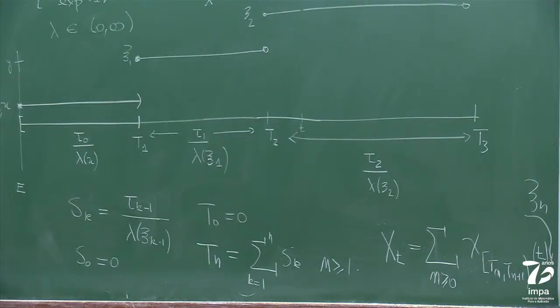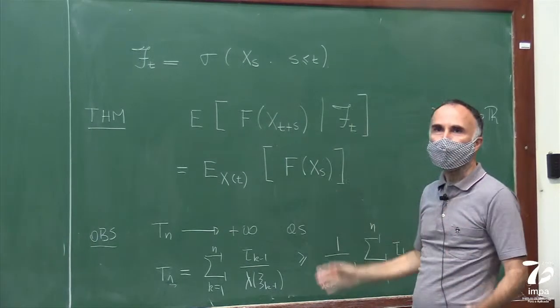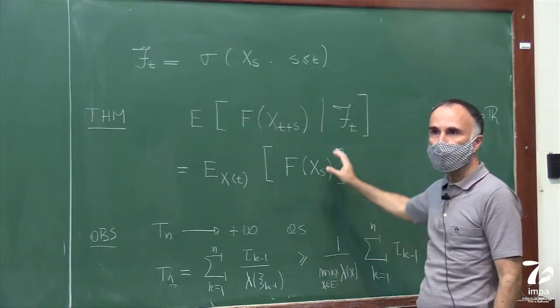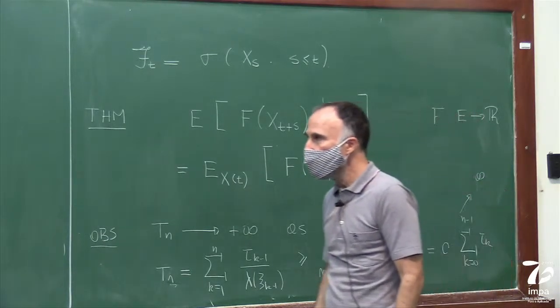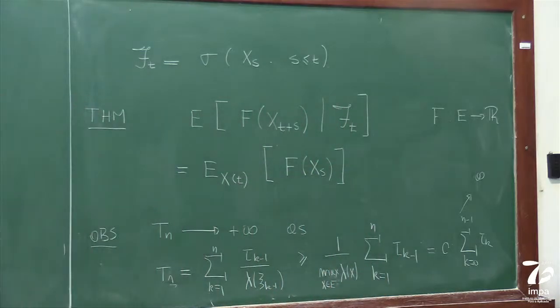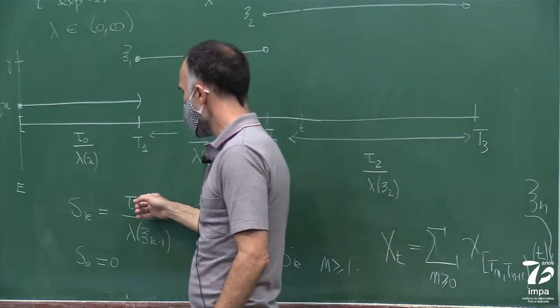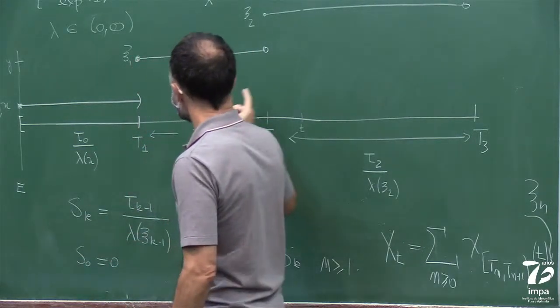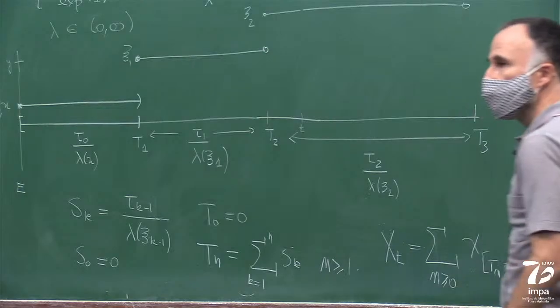I could have started with another definition: I have a process xt on the space which satisfies this condition, and then prove that I can construct these variables, tau and xi, and represent that chain with this formula.